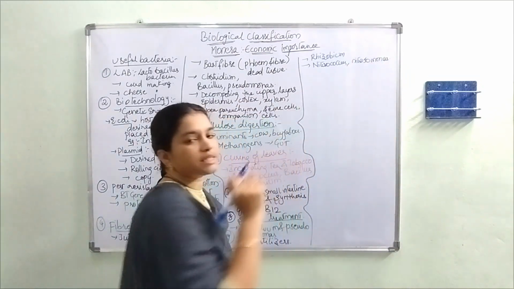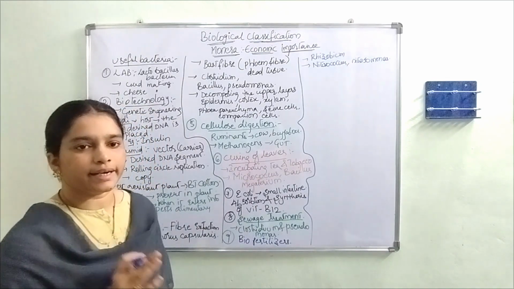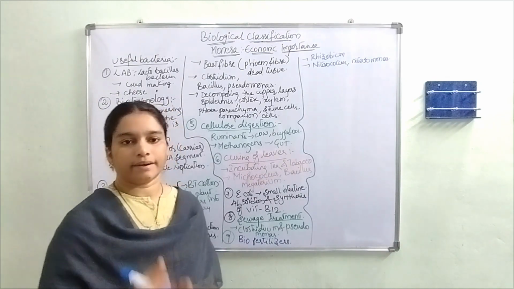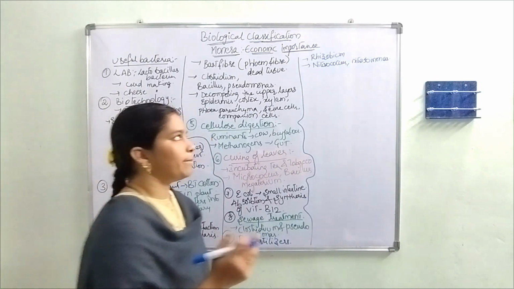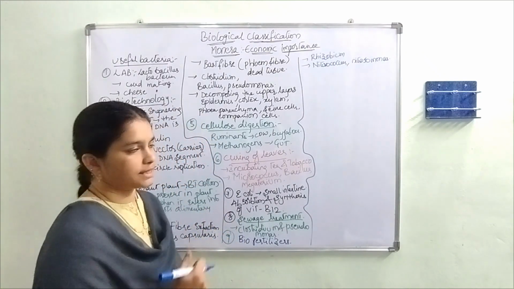All of these bacteria fix nitrogen and produce products such as nitrates and nitrites for the plant material. These are the useful bacteria we have discussed.